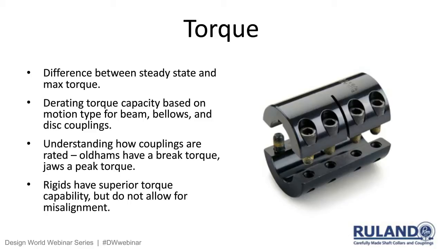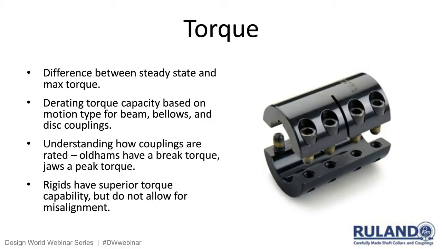Certain types of couplings, whether it's reversing or single direction, it doesn't affect the torque capacity. Oldhams are like that, and jaw couplings are like that. On the Oldhams and jaws, you'll see what we call a rated torque. You don't have to use a formula of divide by 2 or divide by 4. These designs of couplings, the Oldham and the jaws, are rated the same for reversing or single direction.